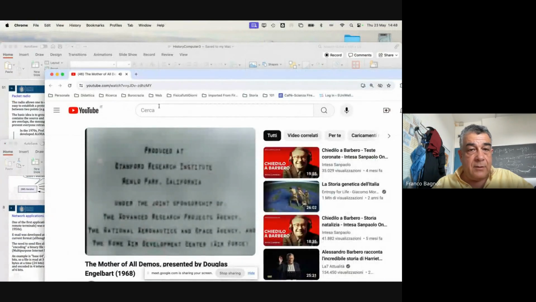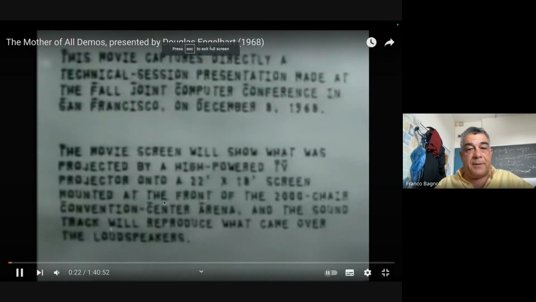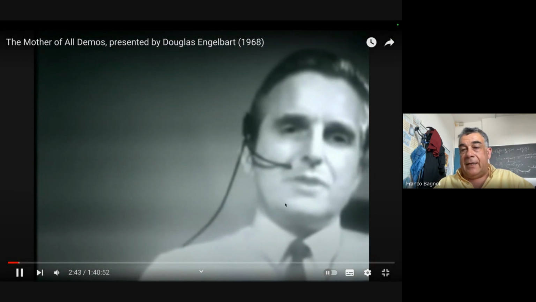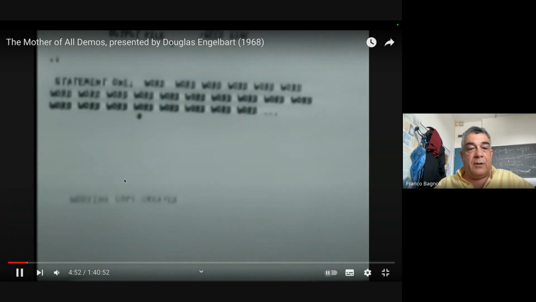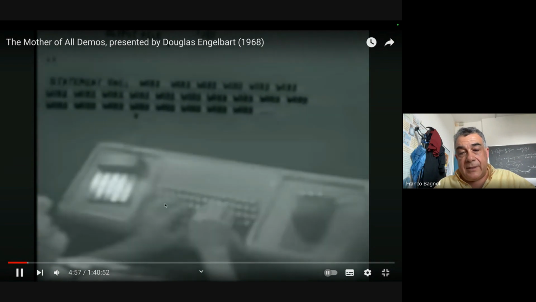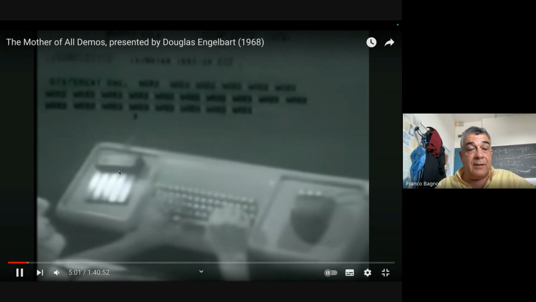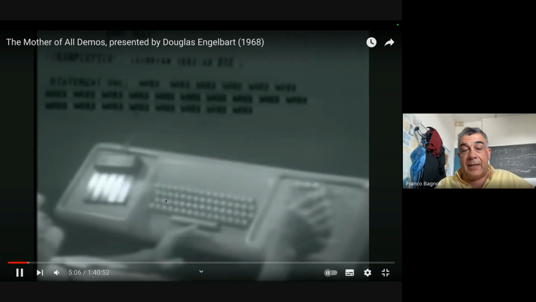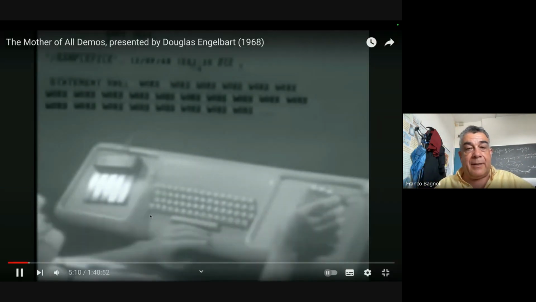Okay, maybe here. So this is a demo of a system presented in 68 by Doug Engelbart, and he shows a system he was developing using a particular keyboard, the mouse, and another keyboard that acted like a piano. You could press more than one button at a time.